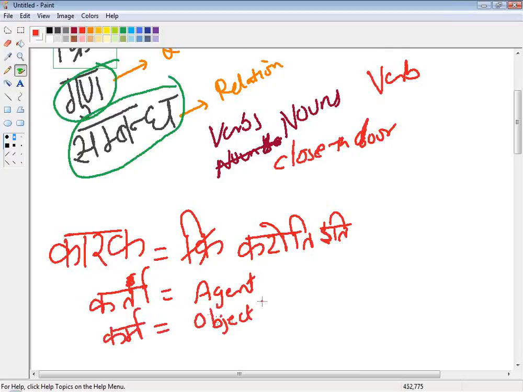I'm giving you definitions just to get us running, okay? These are not final. These will change as we go. But one of the meanings of karma is the object of the action. Okay? These two are something which you will see in almost any conversation, because there is an agent of an action for sure, and there is always an object for that action. Almost. Not always. I'll correct that also.